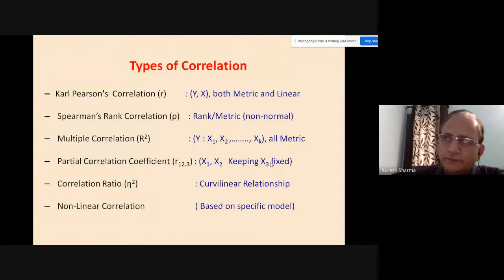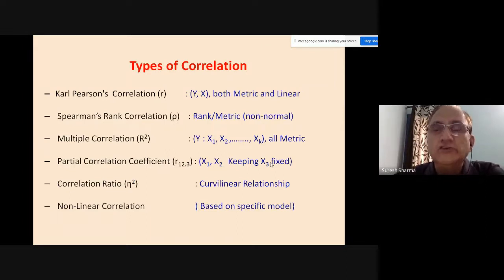And if they are along a curve, Pearson, Spearman, multiple, etc. don't make any sense at all. So in such a situation, if there is a curvilinear type of relationship, we compute another correlation that is called correlation ratio. So we generally compute correlation ratio if there is a curve type of relationship between the variables.